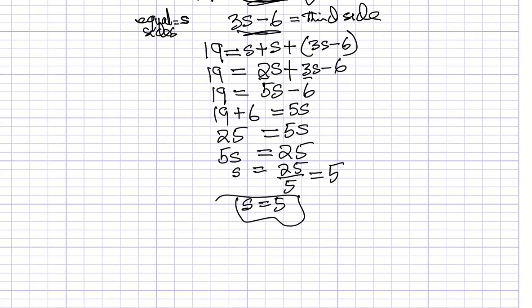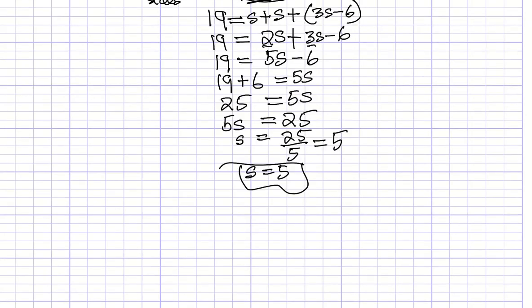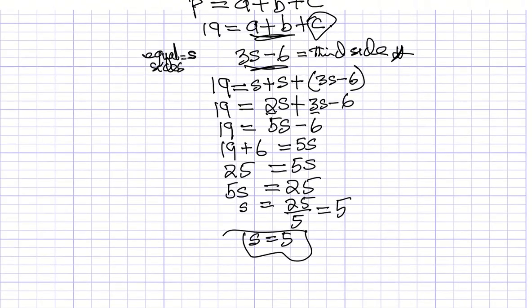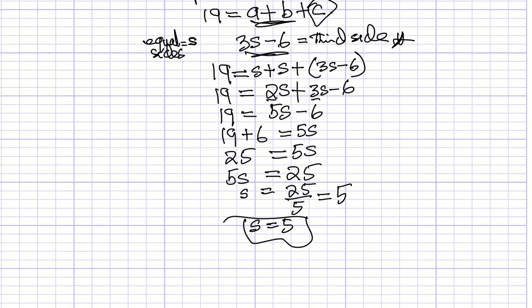Then the third side, which is this one, where is the third side? Right here. If the equal side is that, you see what I'm doing, right? Then the third side will be 3S minus 6, which is the same thing as 3 times 5 minus 6.